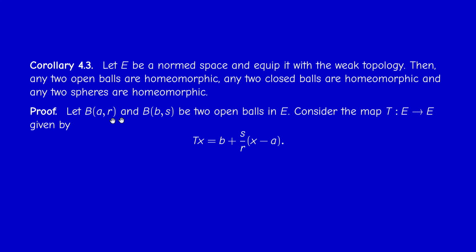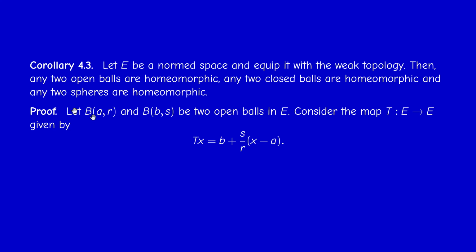And now it's easy to check that T takes this ball into this ball. Just check: if x is here, so the norm of x - a is less than r, you just evaluate the norm of Tx - b. It is less than s. So Tx is here.